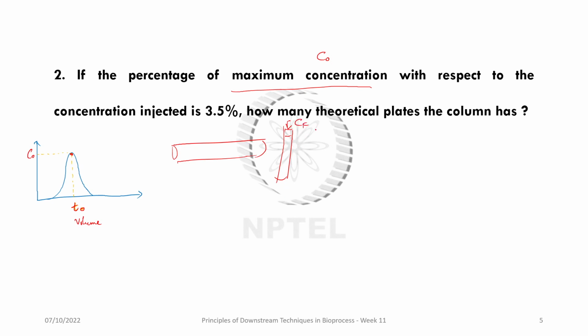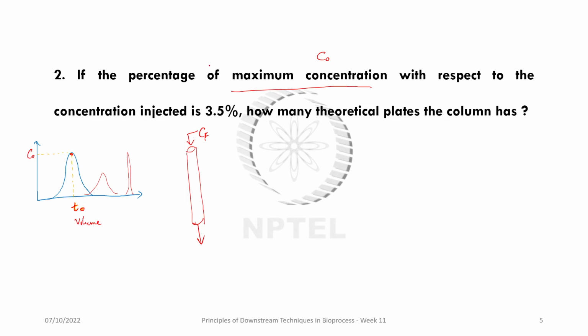So that is CF, F for feed, correct? So into the chromatographic column, when you send it for separation, there is a CF feed, and then it gets purified, separates from a mixture, and then comes out as different peaks, right? So here the maximum concentration in that particular peak is C naught.